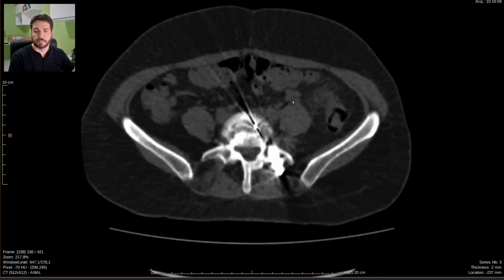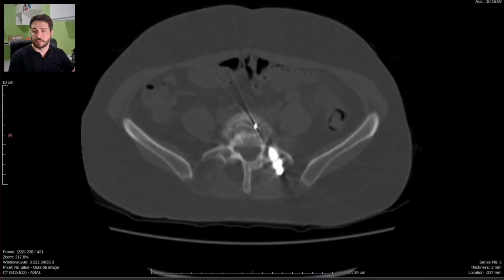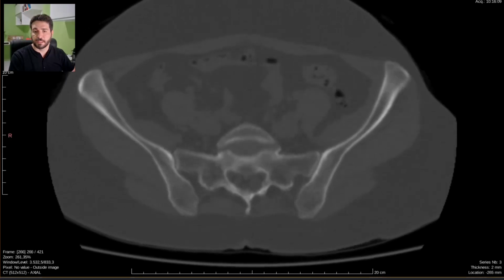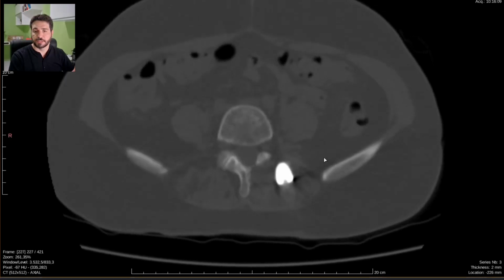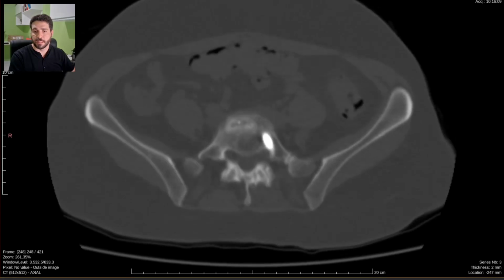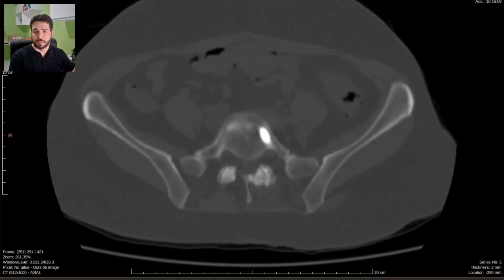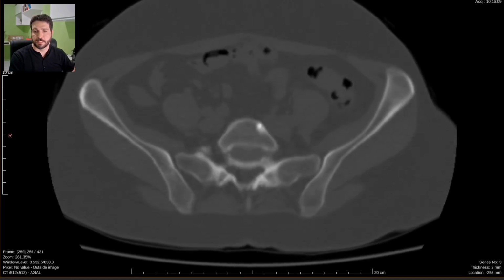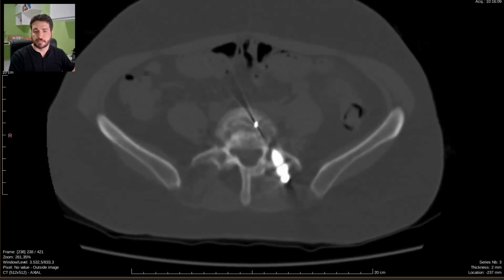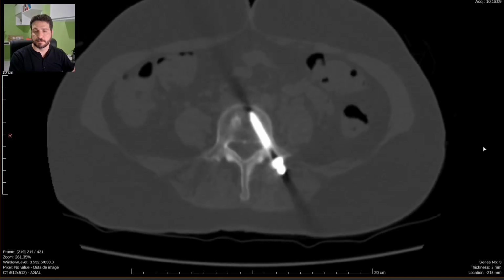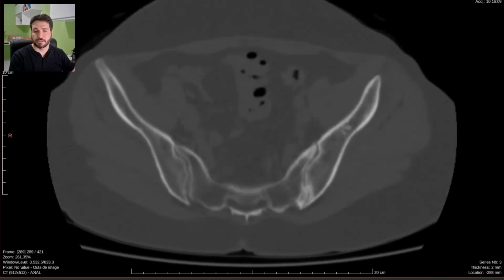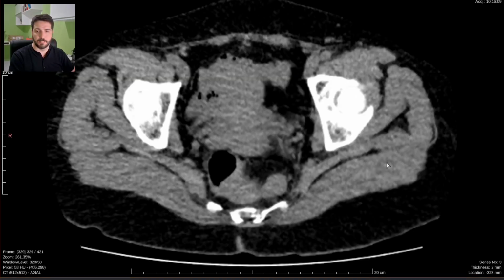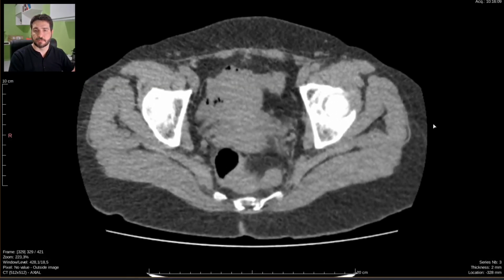I know you guys are screaming on your chairs, complaining I haven't mentioned this partial metallic arthrodesis of the lumbar spine. There it is, I have mentioned it. Settle down, and we finally got to the pelvis.